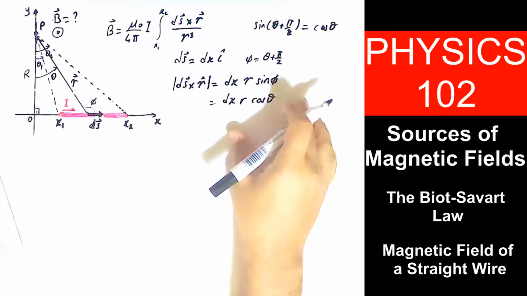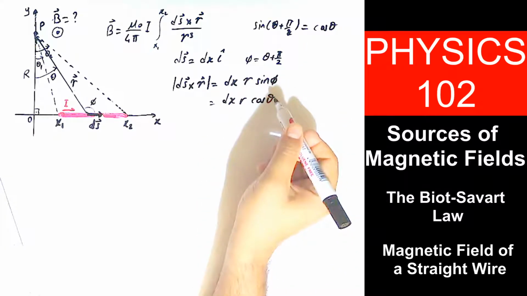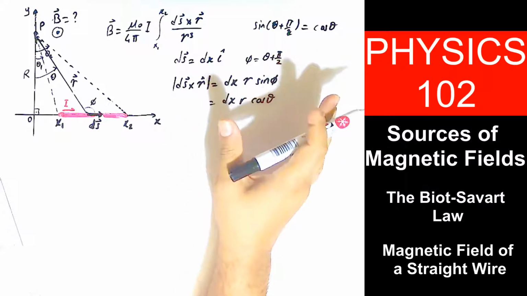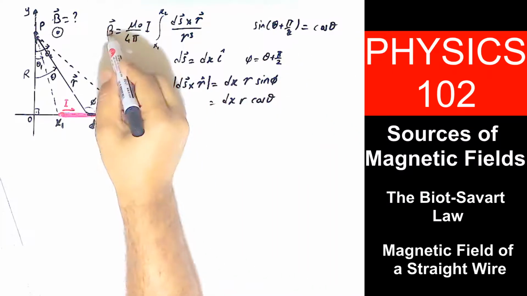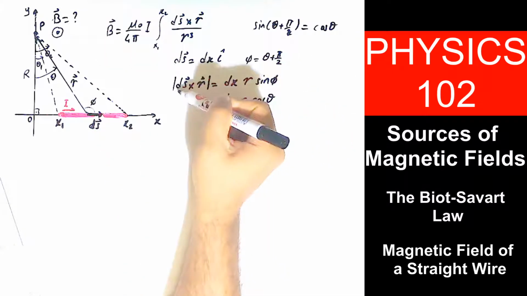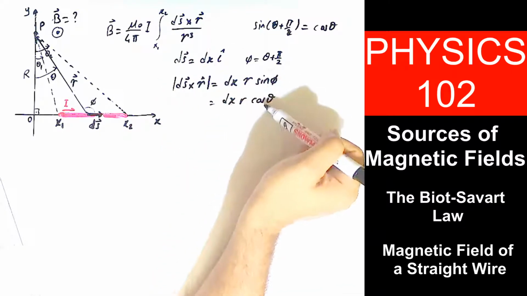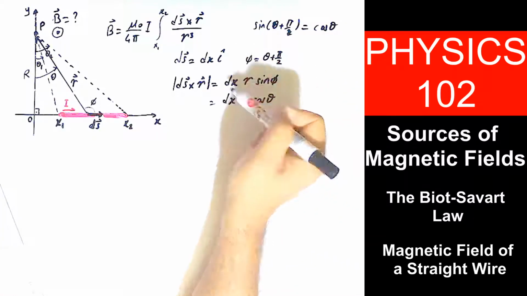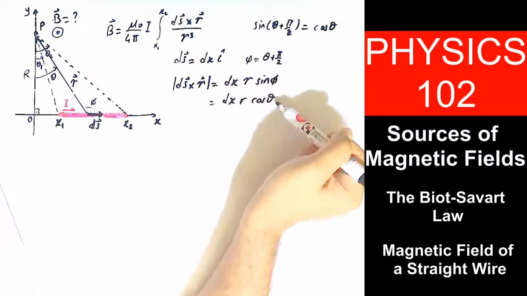So far it's going well, because we only take care of the magnitude of the magnetic field now, and we just take care of the magnitude of this cross product. The rest is just to calculate this integrand with these new variables.